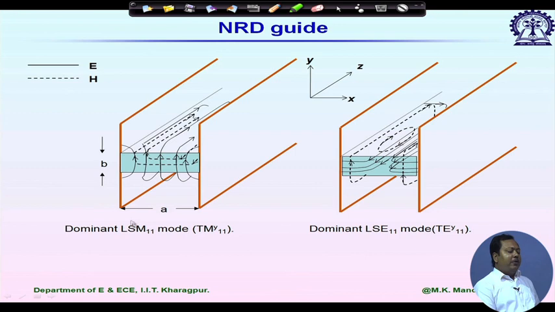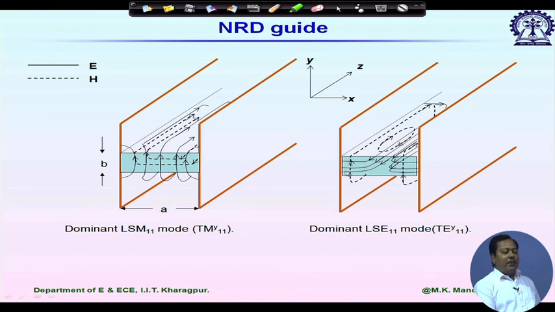So that is why we call it longitudinal section magnetic. In the direction of propagation we have negligible Ez, so mainly it is magnetic. In the second case we have another scenario, called longitudinal section electric.